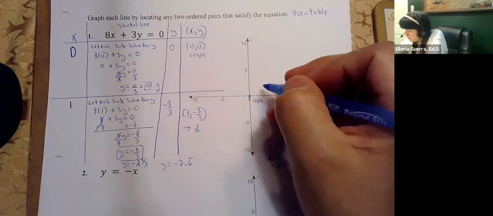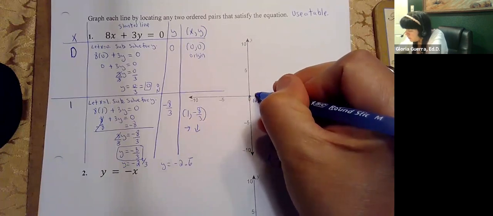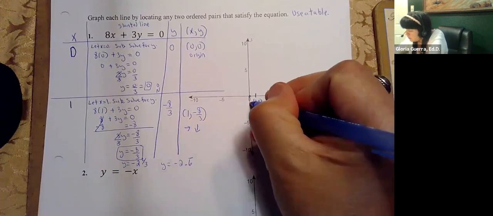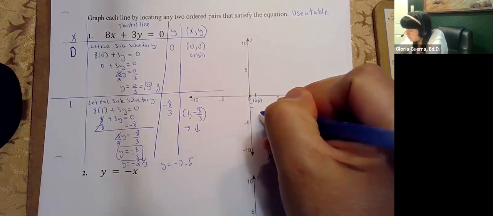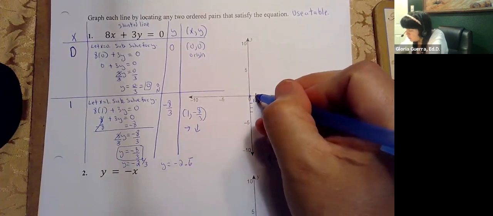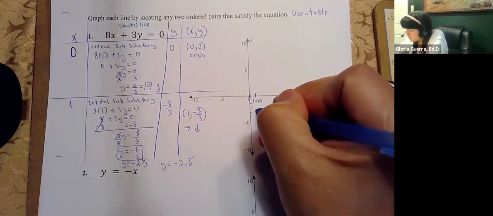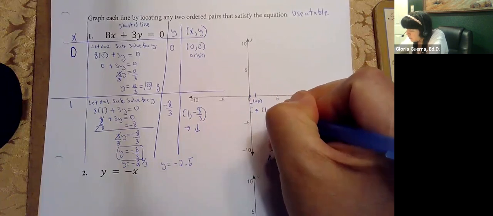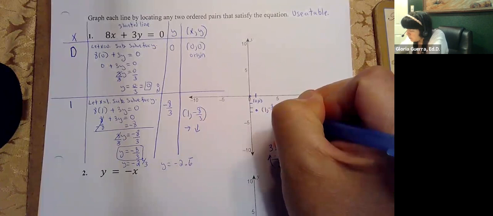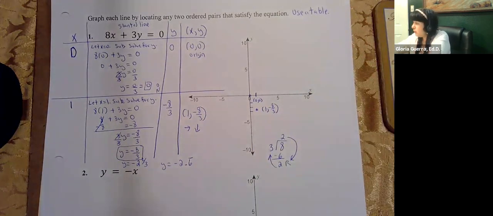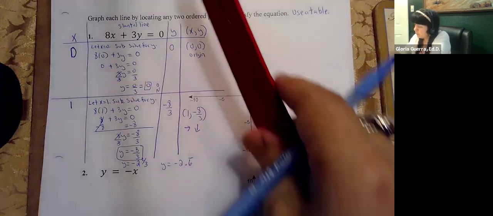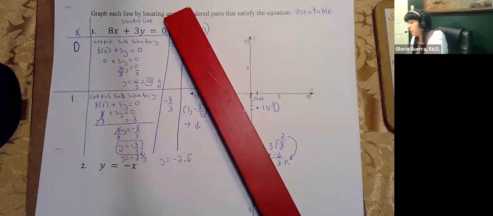So if you go to the right 1, let's say that's about 1 right there, and you go down, negative 1, negative 2, let's say that's negative 3. You go down a little bit past 2. So it's an estimate about there. That looks like 1, negative 8/3. Okay, so it kind of looks like your line, right?